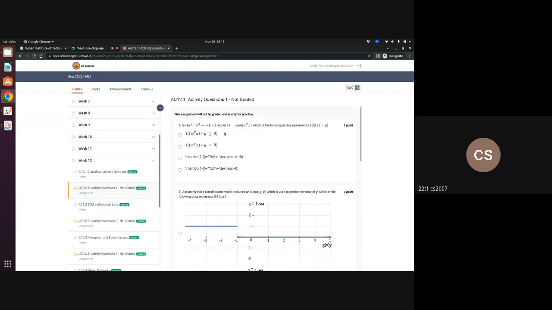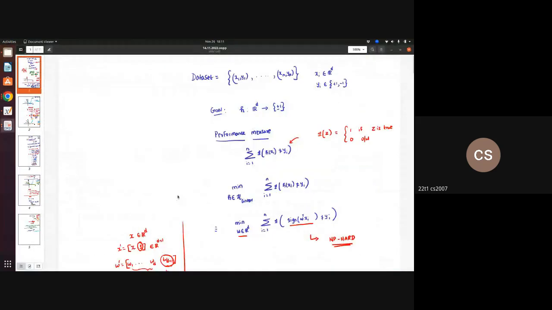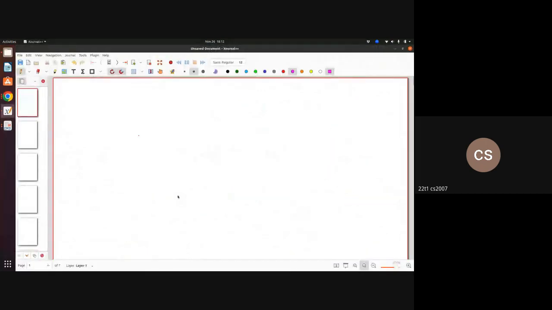Now the model looks at the sign of W transpose X. If we are not looking at the sign of W transpose X and we are simply multiplying W transpose X with Y, and Y is one of the values out of +1 or -1, then what will happen? Y can be either +1 or -1, and we are just multiplying W transpose X with Y. Now, let's say this is positive.